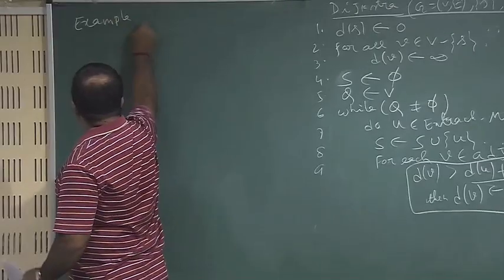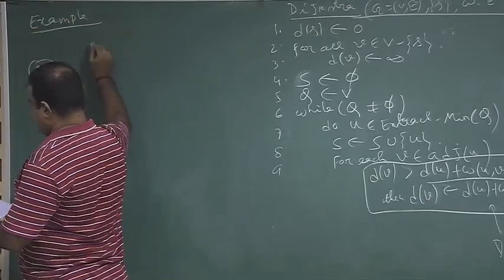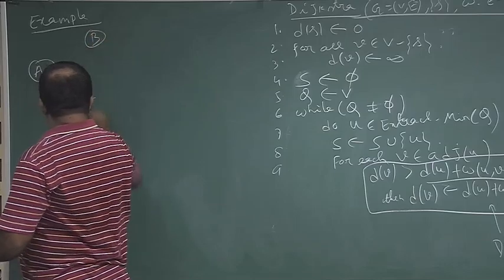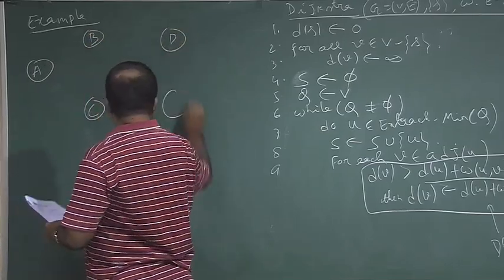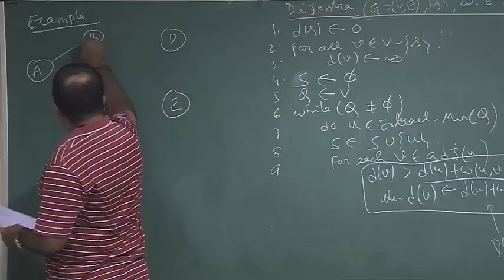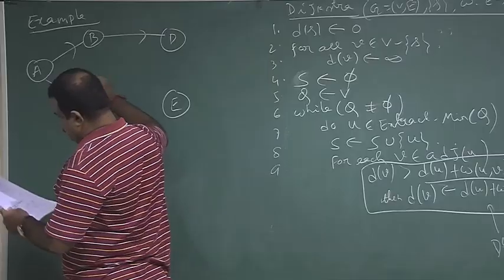Let us take a graph. Suppose A, B, C, D, E. So this is the connection. This is a directed graph.